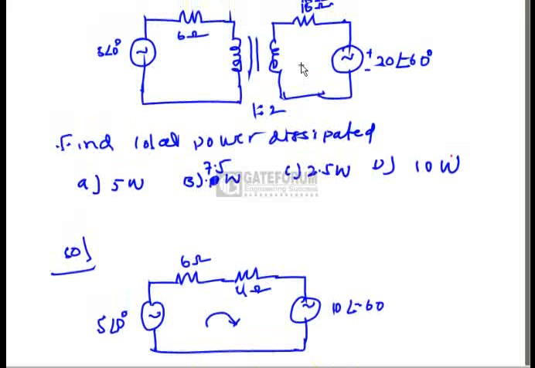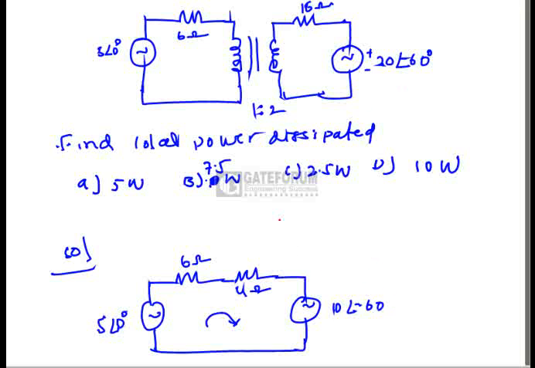If you transfer 16 ohms to the primary side, it is divided by k squared, where k is 2 and is the transformation ratio. So we get 4 ohms. The voltage is divided by the transformation ratio, so 20 divided by 2 is 10 at an angle minus 60 degrees.